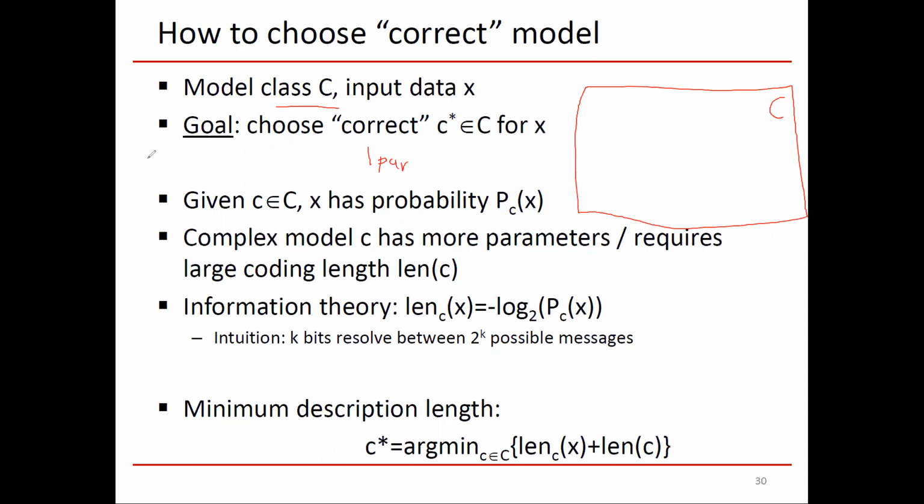So let's make this a bit more concrete. My data will be binary bits, zeros and ones, of length n. My parameter is going to be the percentage of ones.